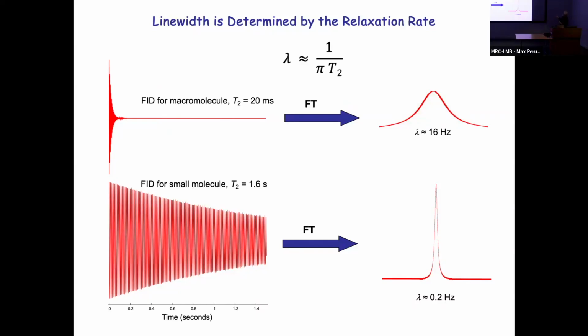And as we pass them through the Fourier transform, you see that the line width is very much broader for the macromolecule, and this is why NMR suffers as we get to higher and higher molecular weights. As we go up and up, the molecules tumble slower and slower in solution, and the values of T2 get shorter and shorter, and the line widths become too broad for us to make any resolution of the signals in them.